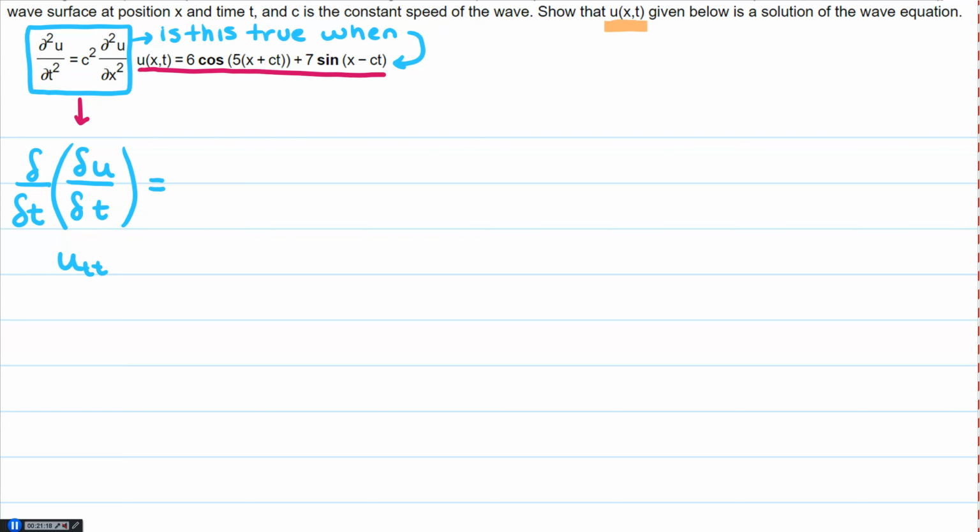Now they want to know, when u is this function, is the partial derivative of u with respect to t, and then the derivative of that with respect to t, the same as some number c squared, which is referencing these c's here, times the partial with respect to x of the partial of u with respect to x.